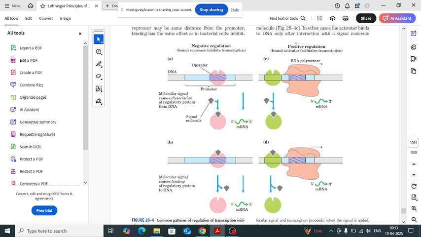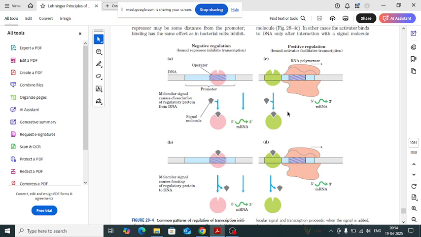Here a positive regulator, or activator, can bind just upstream of the promoter, and upstream of the operator, so that it can help recruit the RNA polymerase. Only if the activator is bound here can the RNA polymerase be recruited.